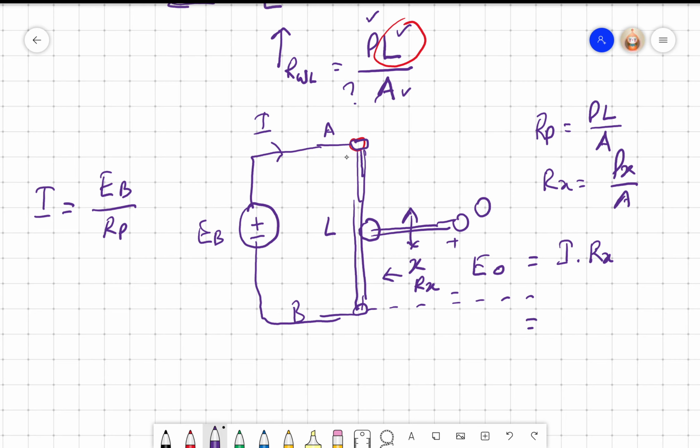So this would be EB by RP. RP I already know, rho L, capital L, divided by A, that will go on top.